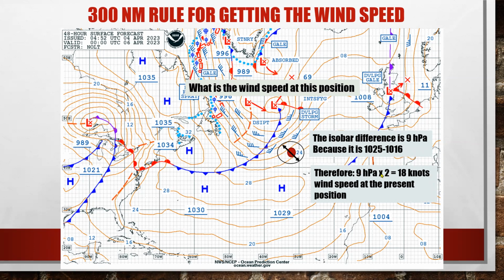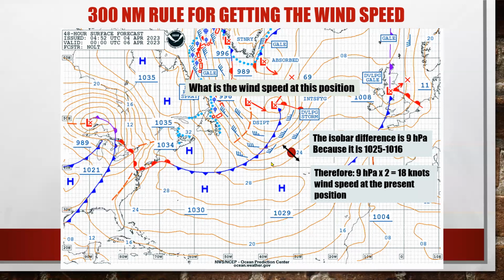So 9 hectopascal times 2 equals 18 knots wind speed at the present position. That is actually how we get the wind speed for this position.